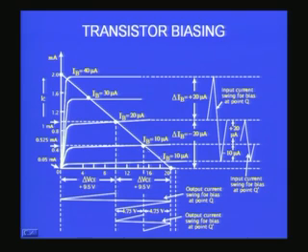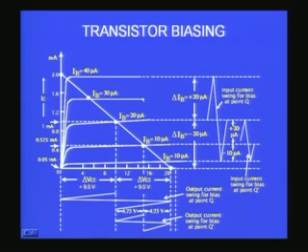Therefore, you would find it is always good to choose the point which is at the center of the load line, so that it allows for equal excursions on both sides of the quiescent point. If I go towards this end or towards that end, you would find on one side the range of available distance is very limited, and therefore you will get into what is known as distortion of your signal.